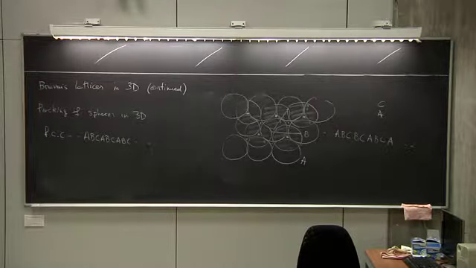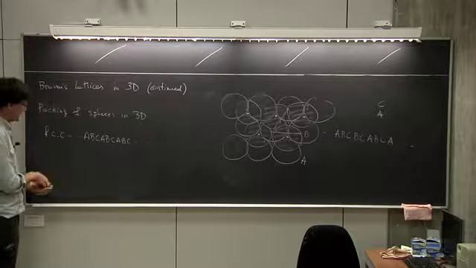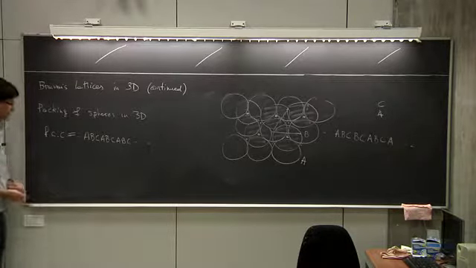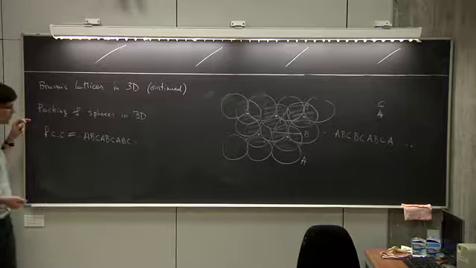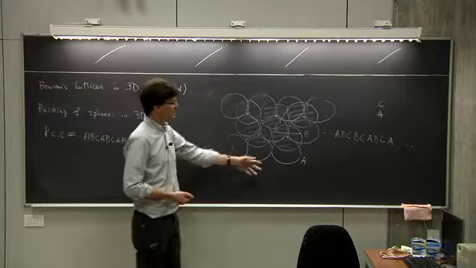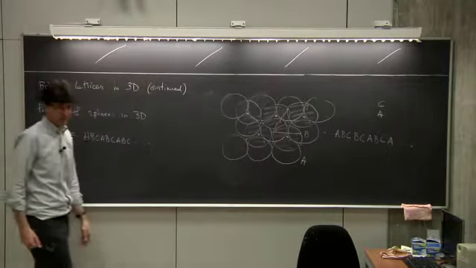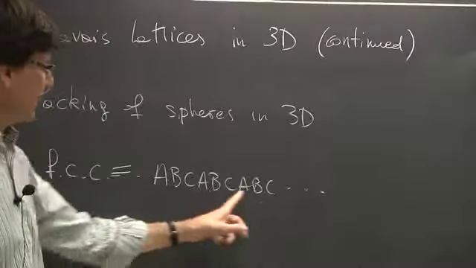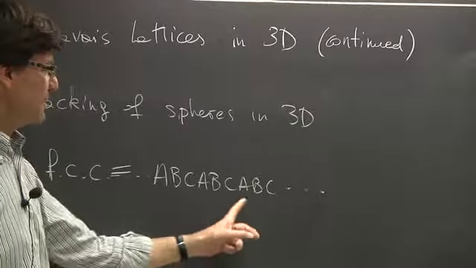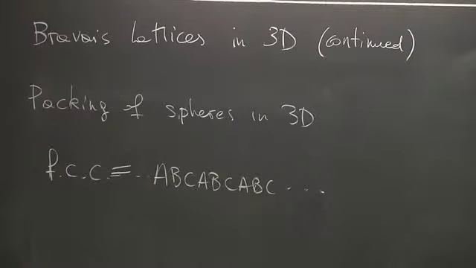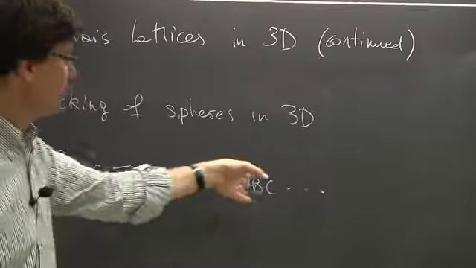Okay? So this is really an equivalence, the same thing. The FCC structure can also be seen as a sequence of triangular layers packed in this fashion, A, B, C, A, B, C, A, B, C. So with a threefold periodicity.